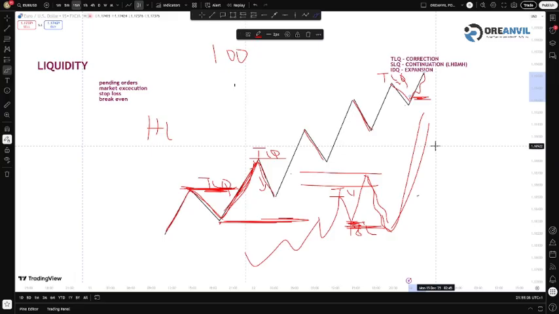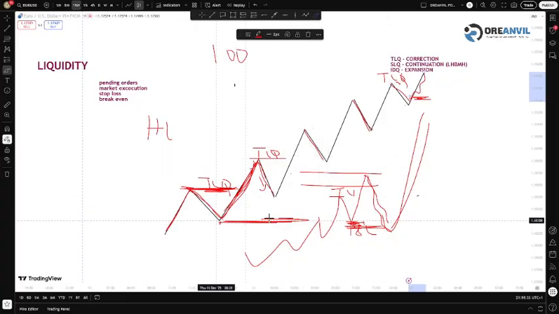That's why the trading plan states that you should know where you are in the higher time frame liquidity cycle. Because once you can tell where you are in the higher time frame liquidity cycle, it means the next target for that time frame is going to be a major push. Right?